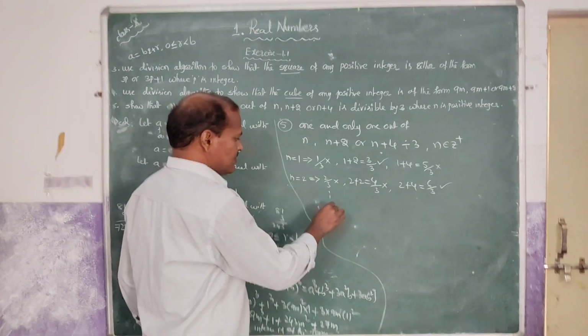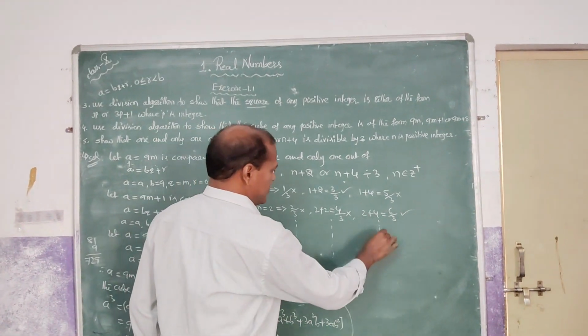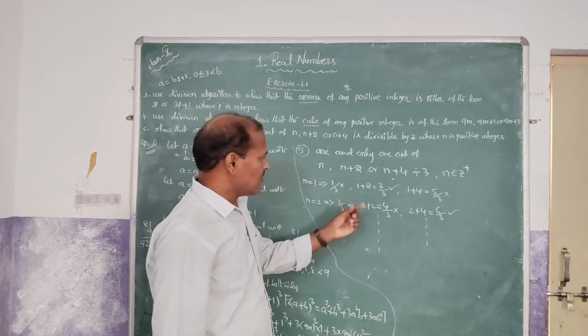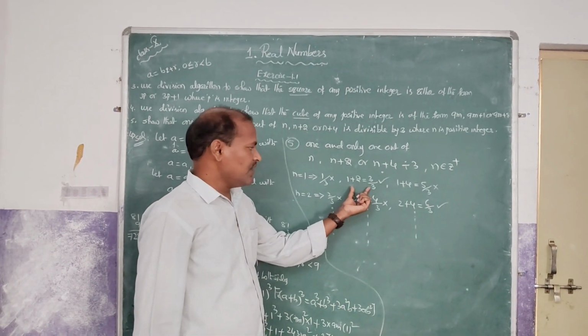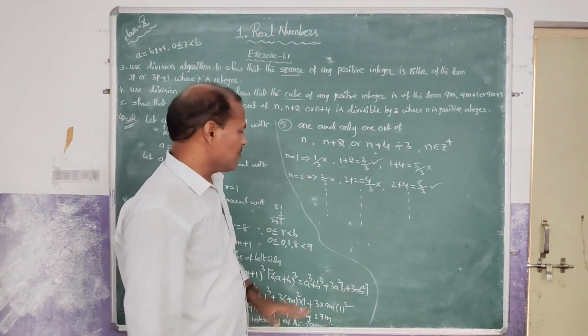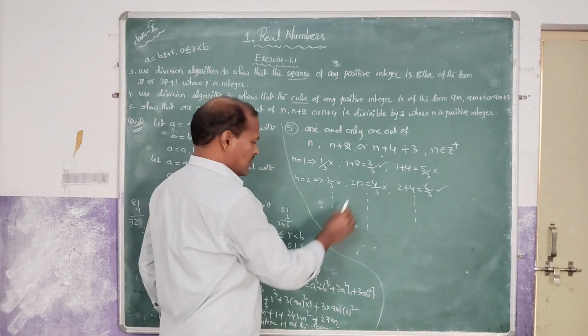This procedure continues. Therefore, observe in the first line, second line, only one number is divisible by the 3 table. The remaining do not divide in the 3 table. Yes, it is possible in the natural numbers.